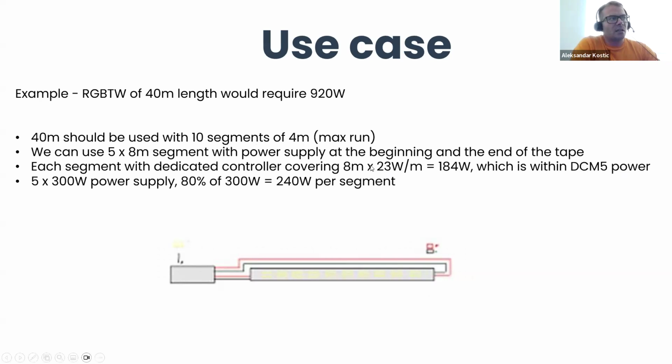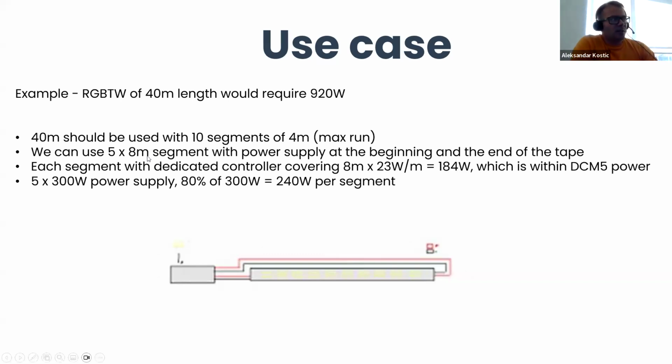If this power consumption were higher than the highest supported power from DCM5, I would need to split these segments into smaller segments. That is the second condition which needs to be fulfilled. And at the end, I need to determine how many power supplies, and what type, I would need.